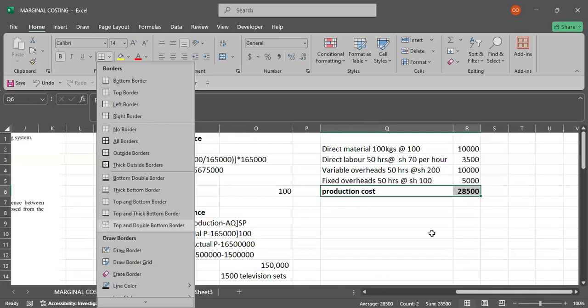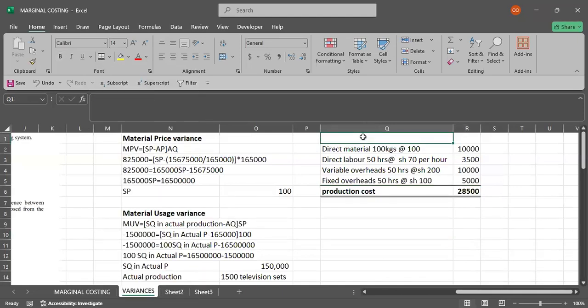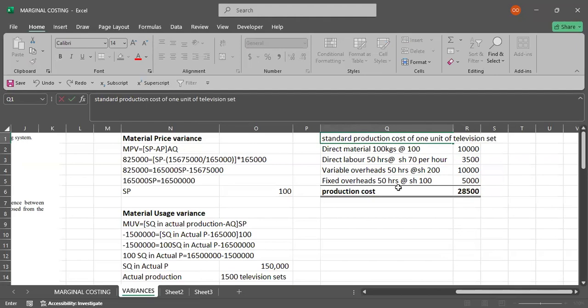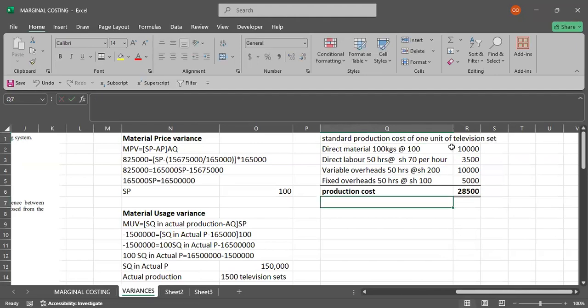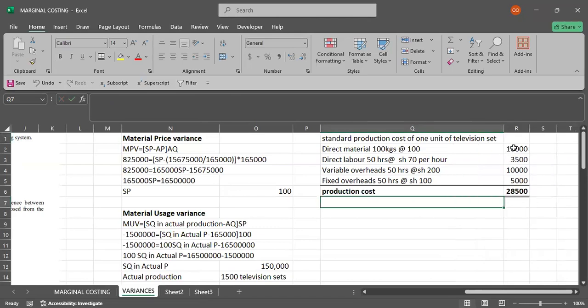So if you are told to give us the standard production cost of 1 unit of television set, then this is what you are supposed to do.